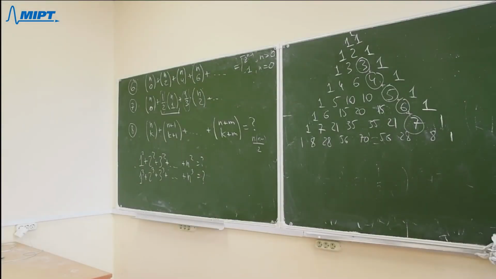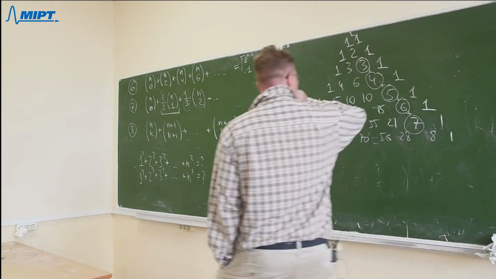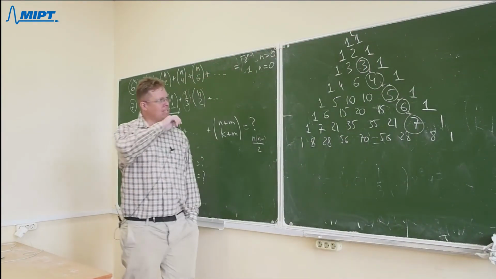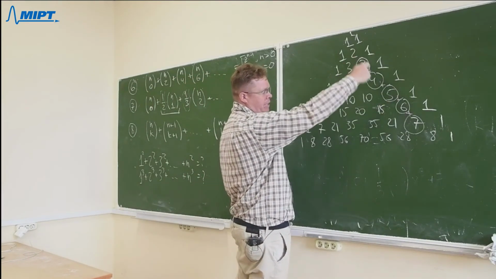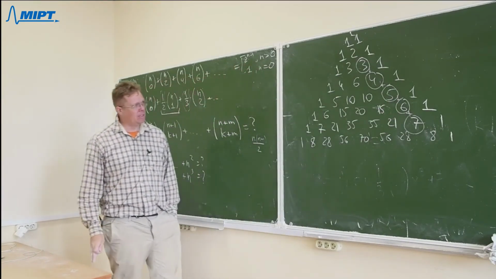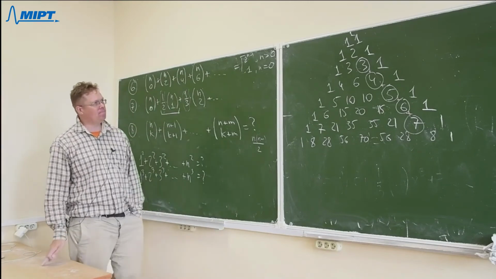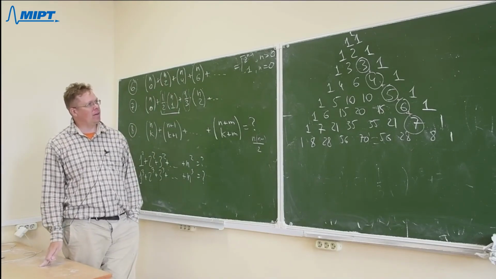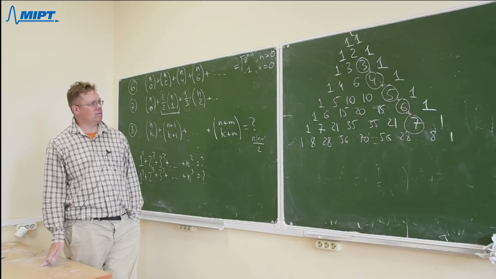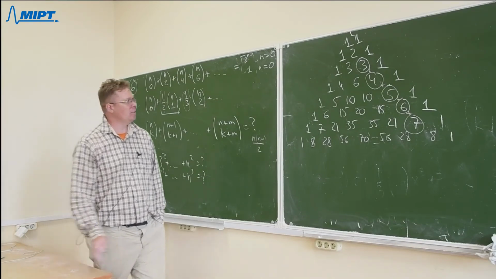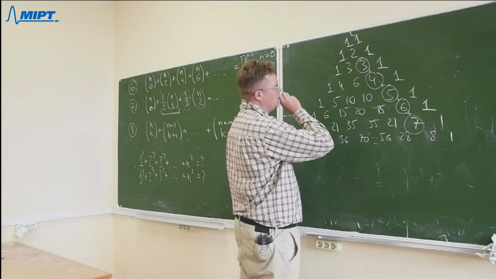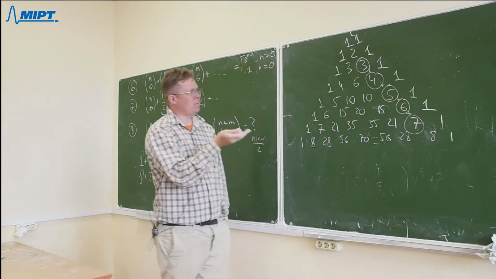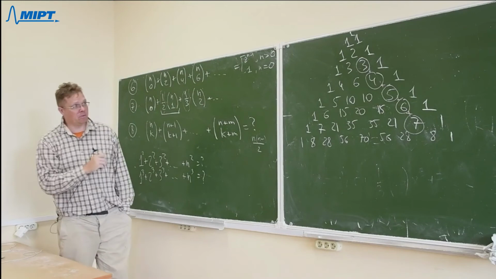Okay, so we want to calculate the sum of these elements forming the diagonal in the Pascal triangle. What does it mean that they form the diagonal? Okay, so let's add some number from this Pascal triangle to this sum.